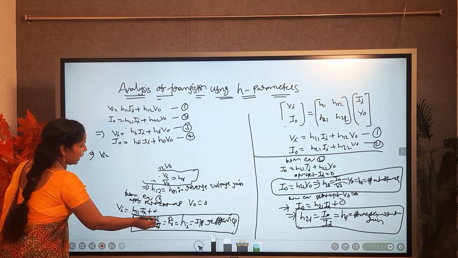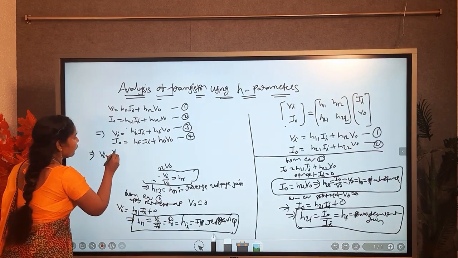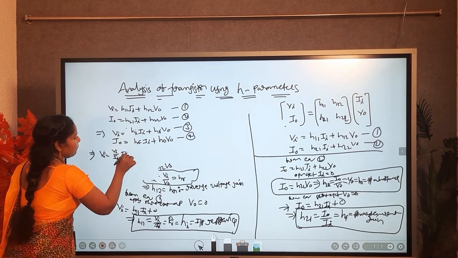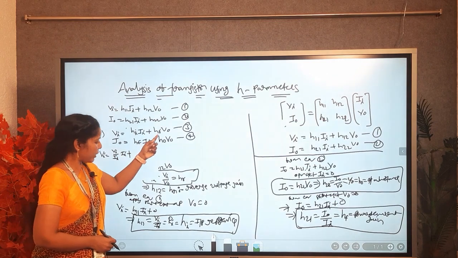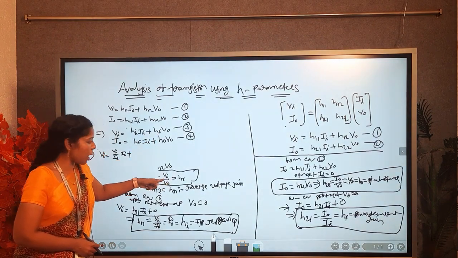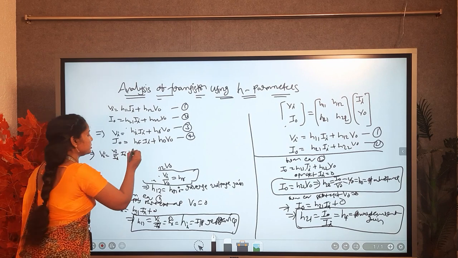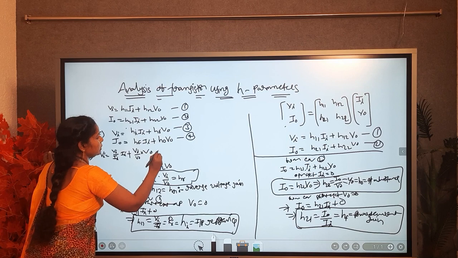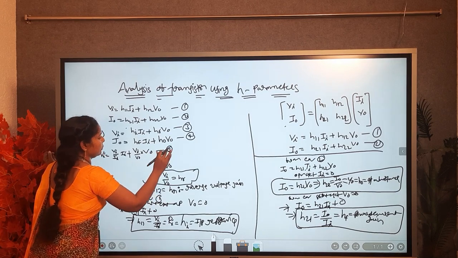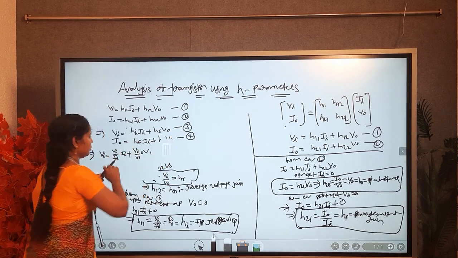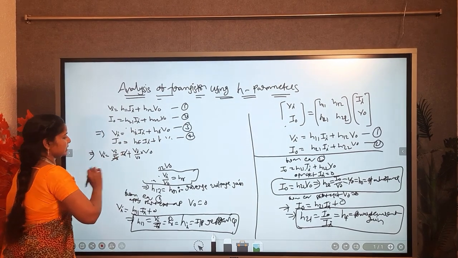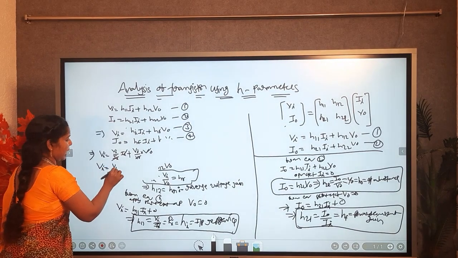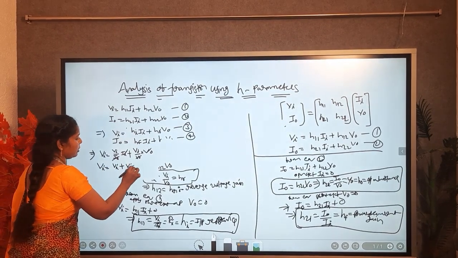Substitute H11, that is HI, VI by II into II, plus H12, that is HR, VI by V naught into V naught. II is cancelled, V naught is cancelled. VI equals VI plus VI.